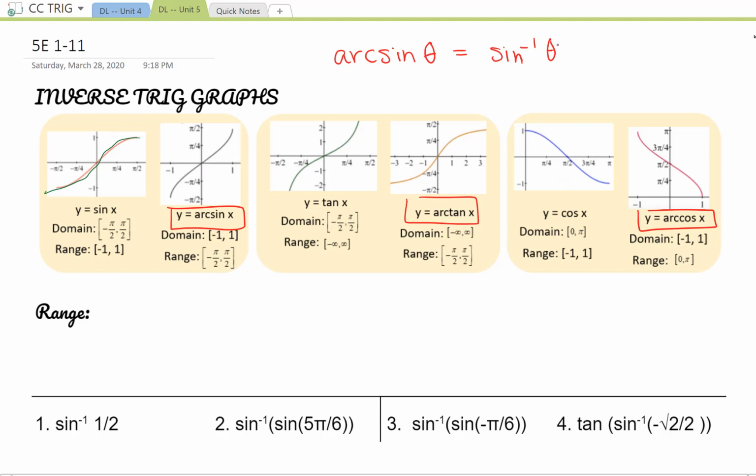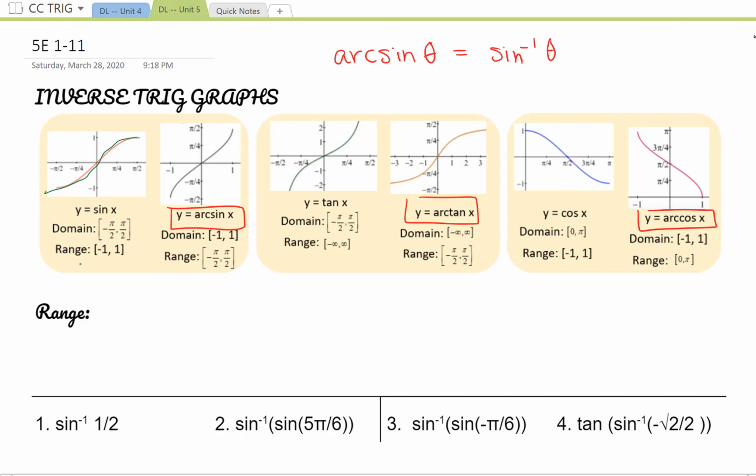So some textbooks use arc sine. A lot of them still use sine to the -1. I'm going to use sine inverse, but personally I prefer arc sine.